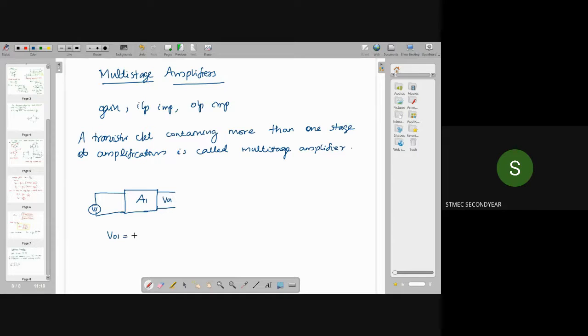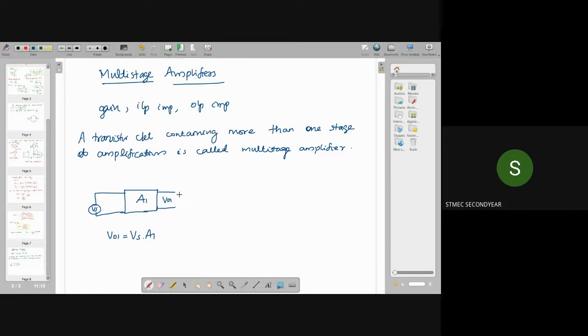So what will be the value of this V01? This output will be equal to input into gain, right? That is, gain equals output by input, so we can write output is equal to gain into input. So our V01 will be equal to Vs into A1.